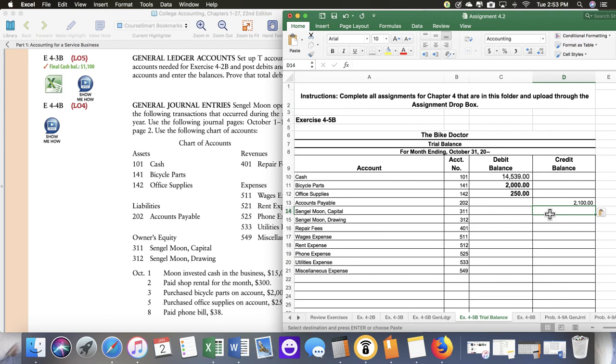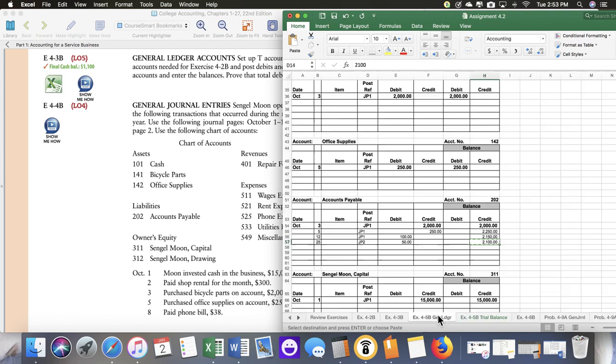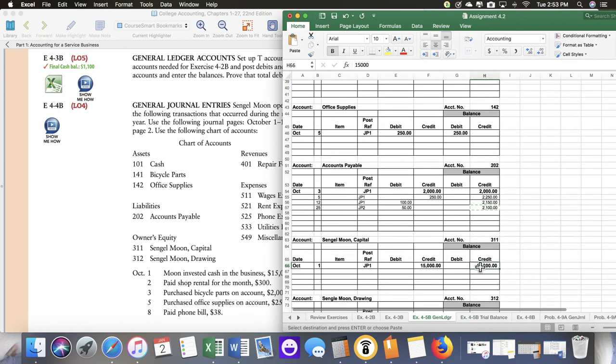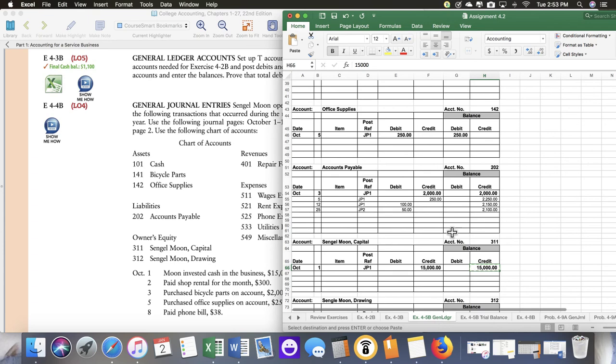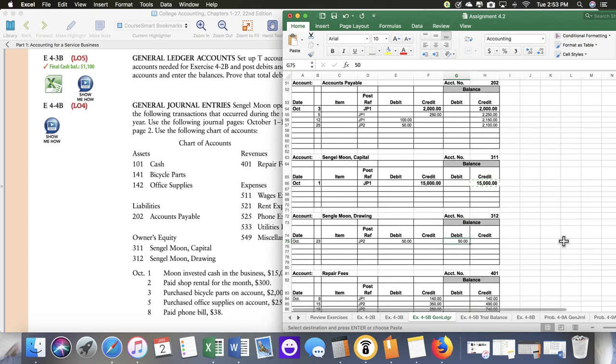Some students find it easier to print out or to color code their accounts from the general ledger to the balance sheet or the trial balance, or from the journal to the ledger to the rest of the financial statements. It's really whatever you think would work best for you. Since the drawing has a debit balance, that's going to go in the debit column.